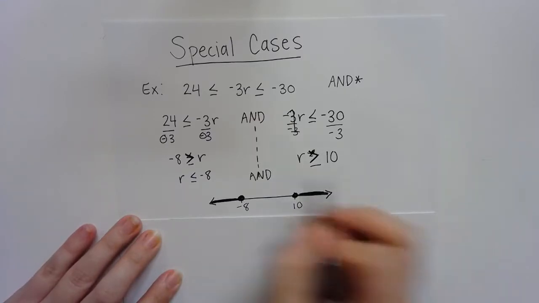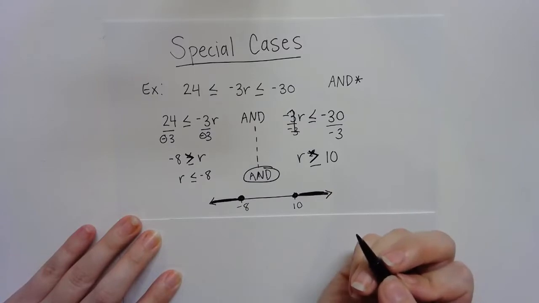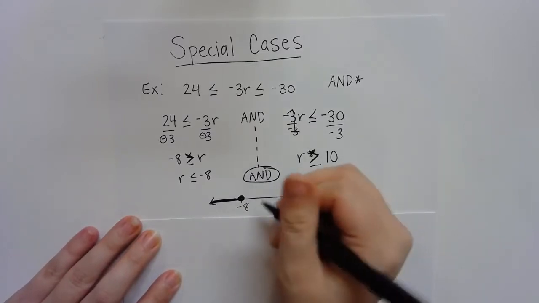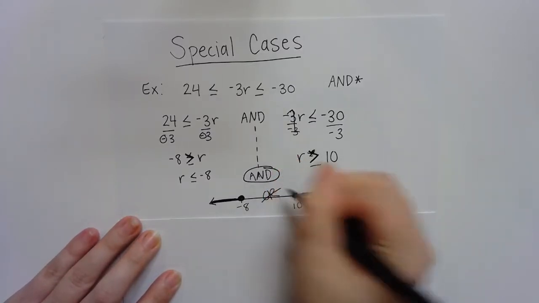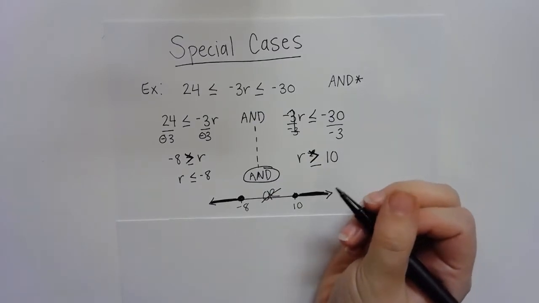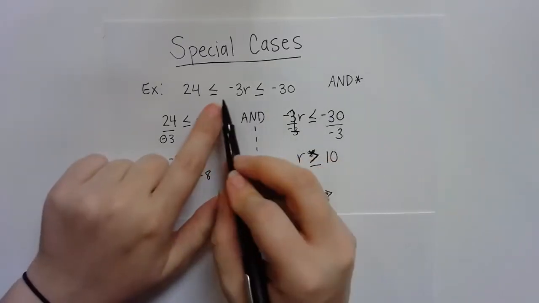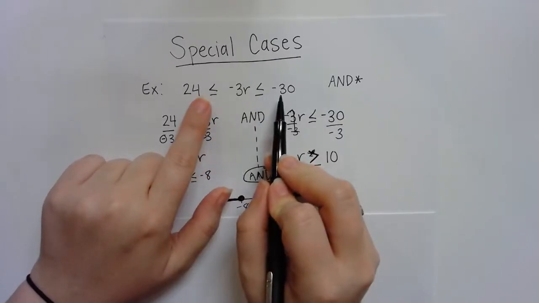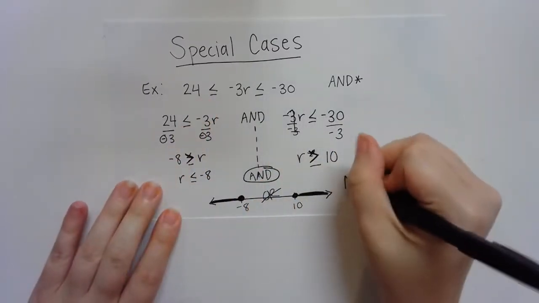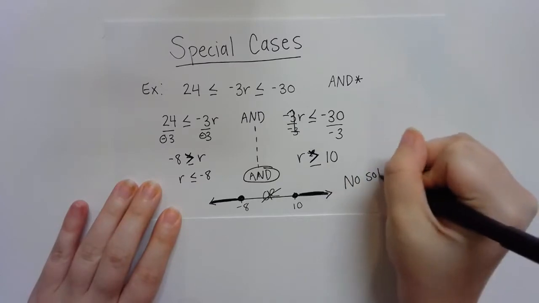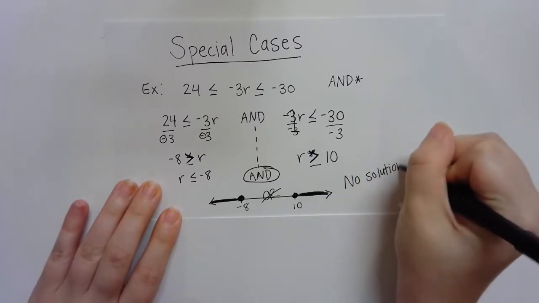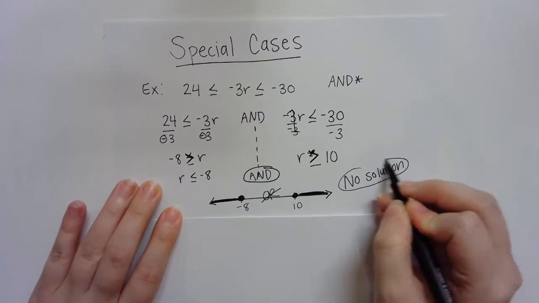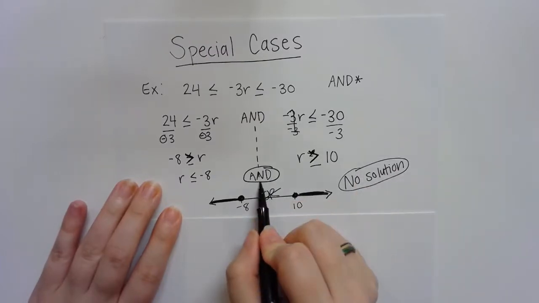But we have a problem. This is supposed to be an "and" inequality, but when I graphed it, this is an "or." So what happens is, it's not possible for this to be true. This is impossible, therefore this would be no solution, because there's no number that I can put in the center to make this an "and" inequality.